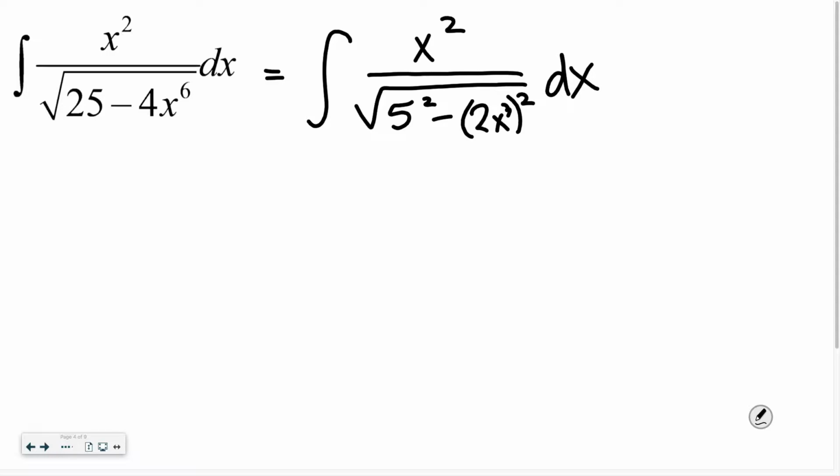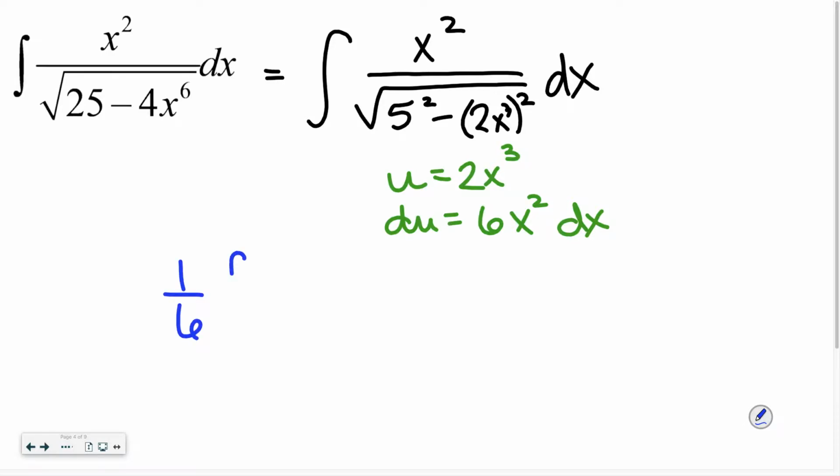Okay, so what we can do is say u equals 2x cubed and du equals 6x squared dx, right? So our integral becomes 1/6 integral of 1 over square root of 5 squared minus u squared du, which is an antiderivative you have written at the top of your paper, right?